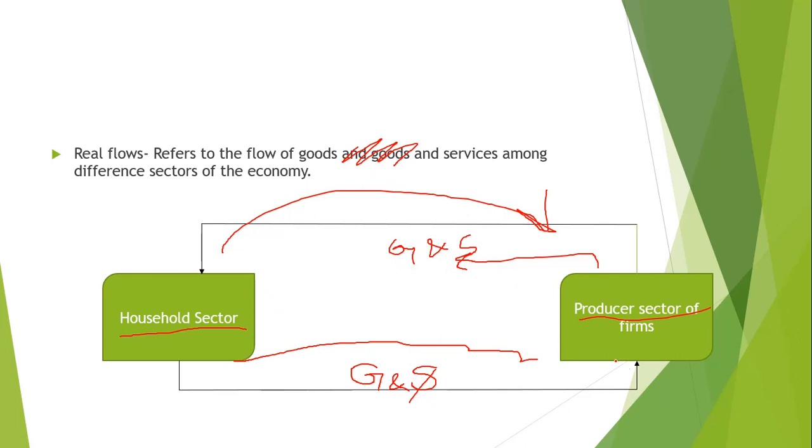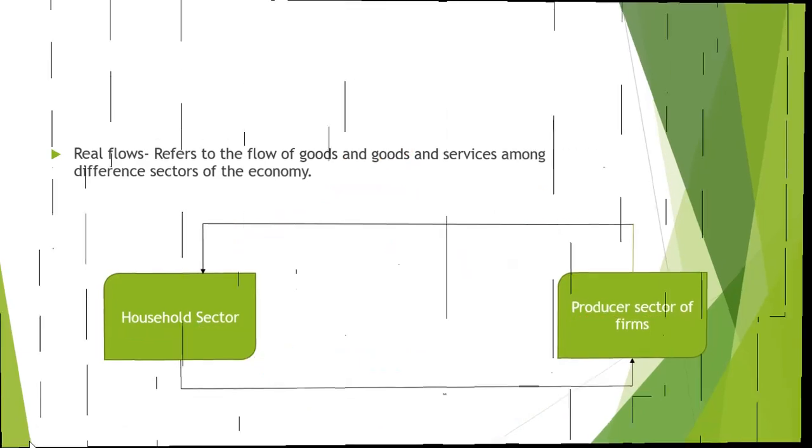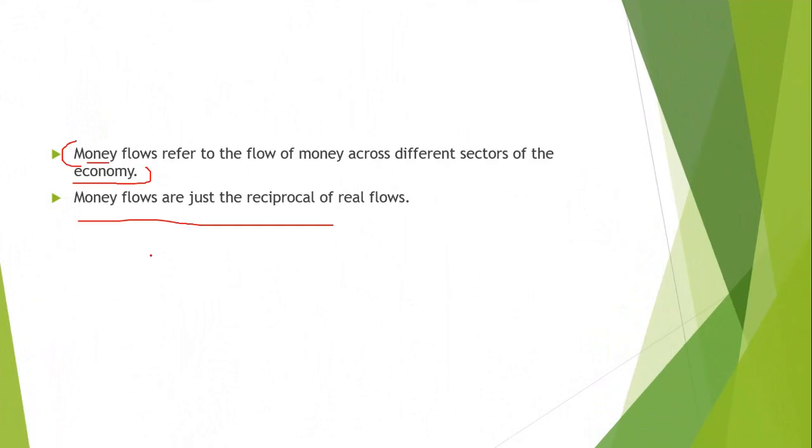In the same way, as we are rendering services to the producer sector, the opposite takes place. As a reaction, the producer sector will give us money for the services we provided to them. So you just have to know that money flows are the reciprocal of real flows.